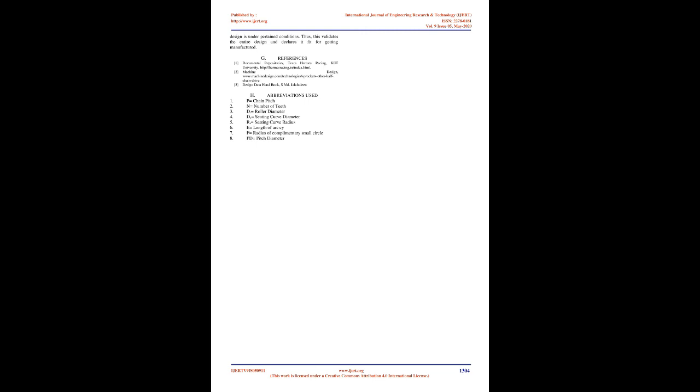Further, the analysis of the sprocket wheel was done using apt CAE software, namely ANSYS and DS SolidWorks. Analysis of the wheel was done in terms of static structure and under dynamic conditions. Factor of safety of the design is under permitted conditions. Thus, this validates the entire design and declares it fit for getting manufactured.